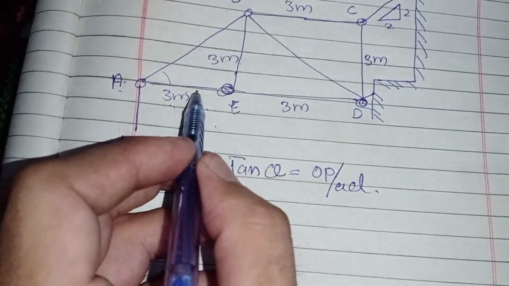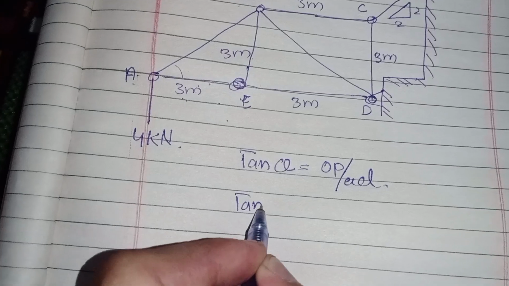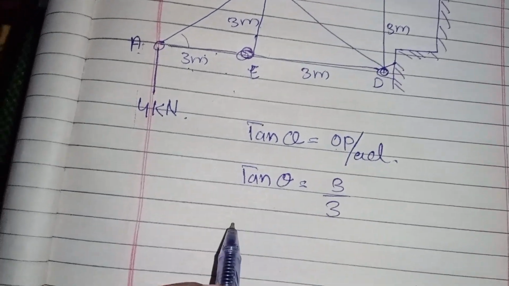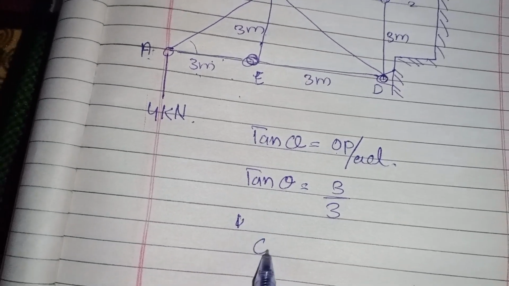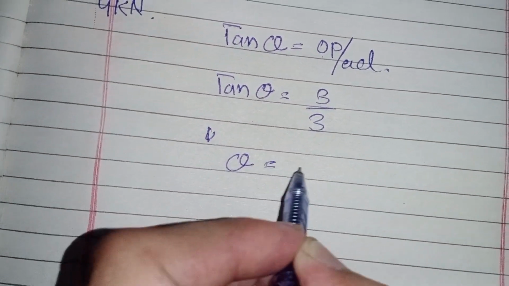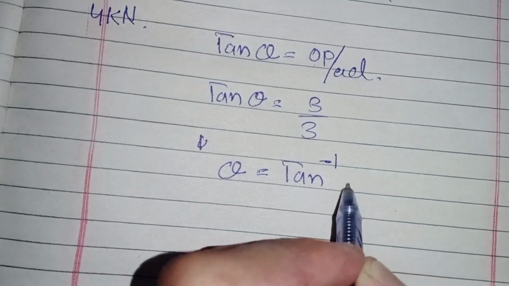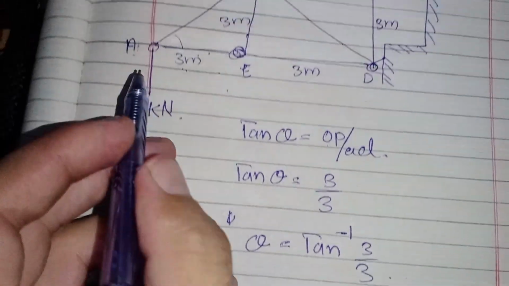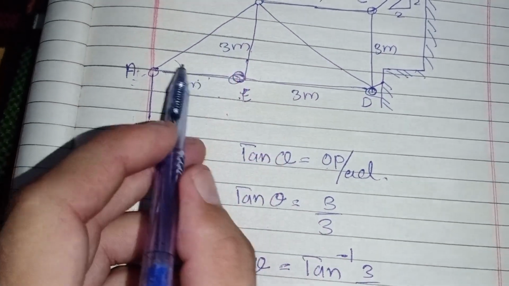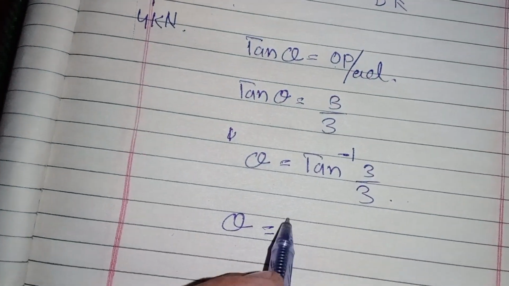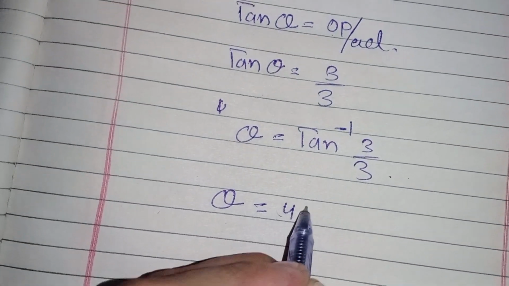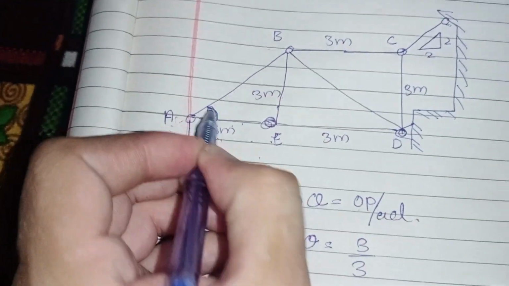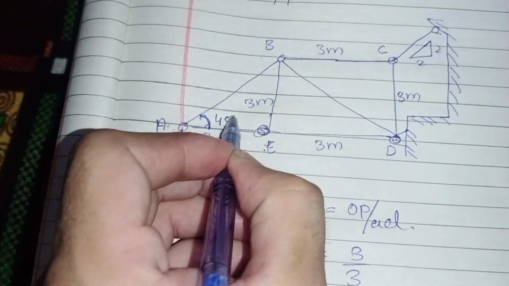Tangent theta equals 3 divided by 3, and theta will be equal to tangent inverse 3 by 3. When you calculate on calculator, it will come 45 degree. So this angle will be 45 degree.